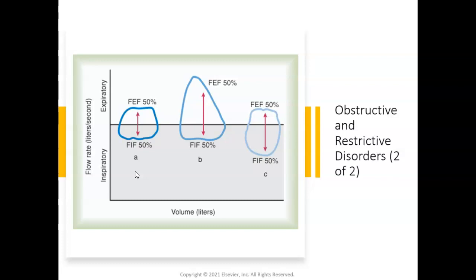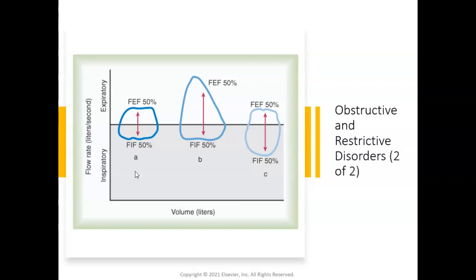Okay. So variable upper airway obstructions are going to produce two different shapes depending on the site of the obstruction. If the variable is an extrathoracic upper airway obstruction, such as something that's going to occur in the trachea, so outside of the thoracic cavity, this is going to limit inspiratory flow, right?